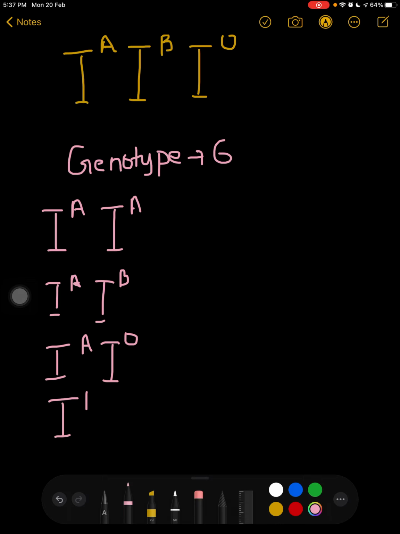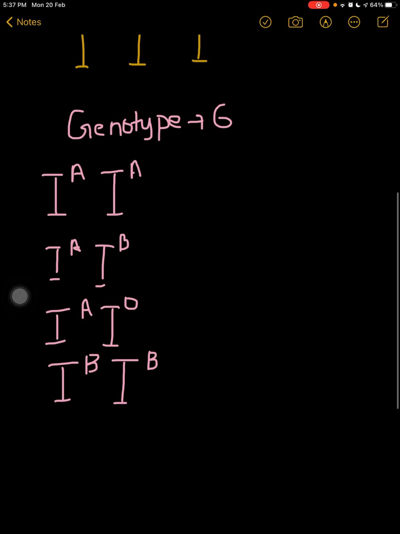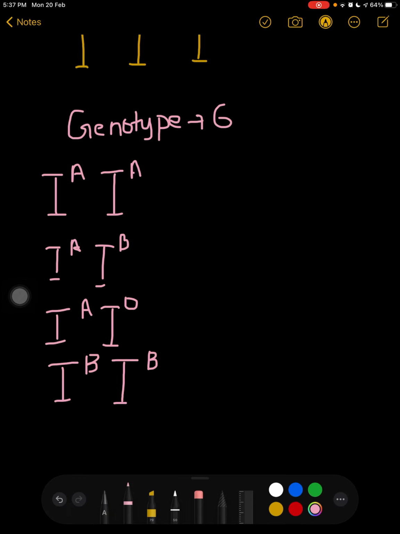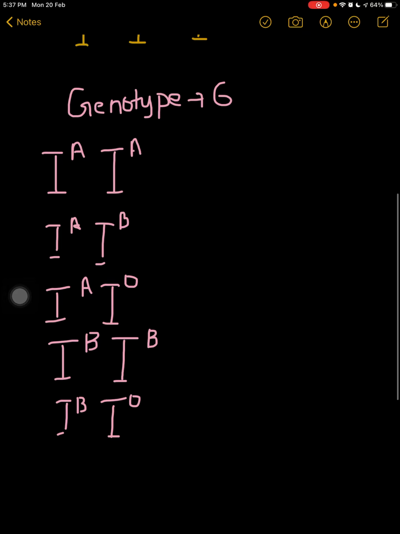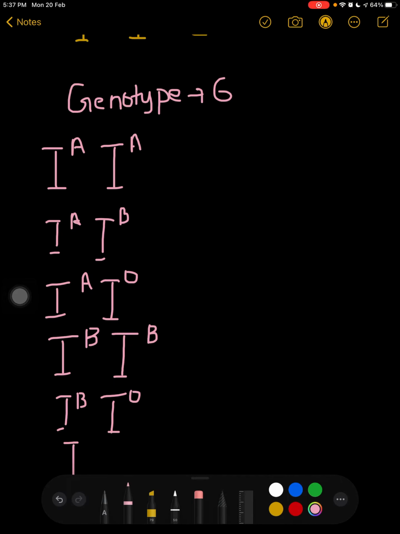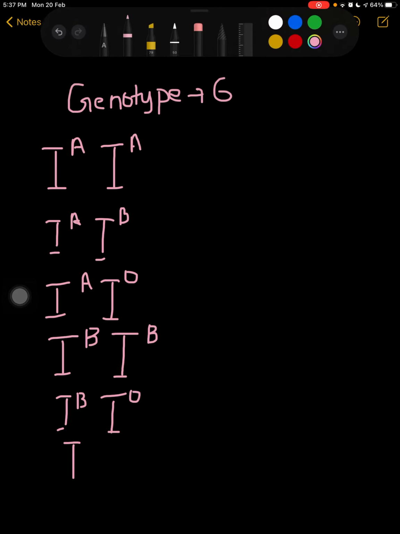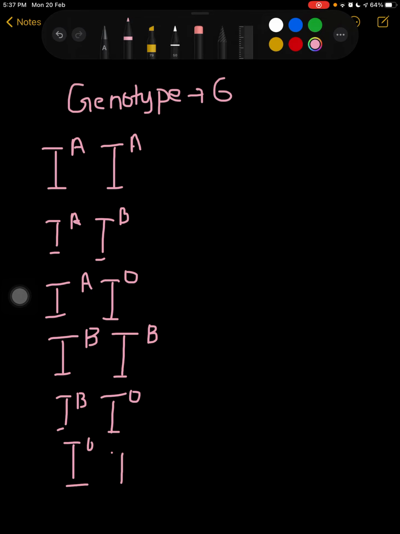It can be IBIB, it can be IBIO, and the last it can be IOIO, right? So like this we have 6 genotypes.